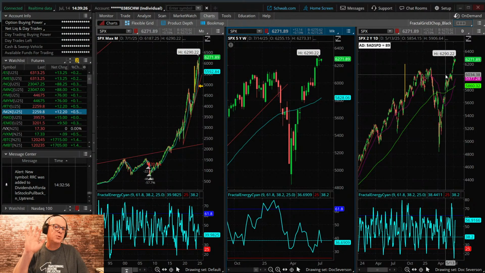Now, I'm not calling a top here. I'm not bearish, but I am saying things are getting out of hand because I think they have to. I think they figured out that they can't cut their way to financial solvency, so they're going to have to grow their way out of it. That's really the only way that they can save this thing from collapsing, is to grow it as fast as they possibly can, right?